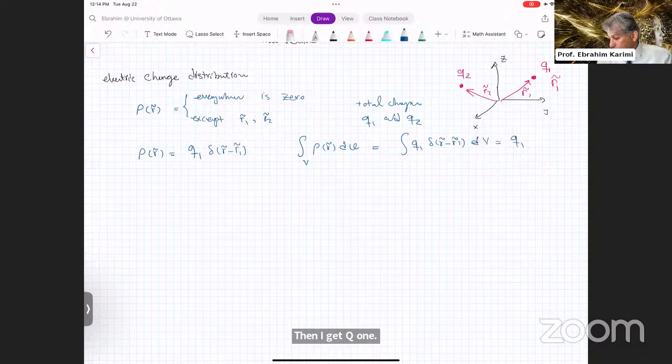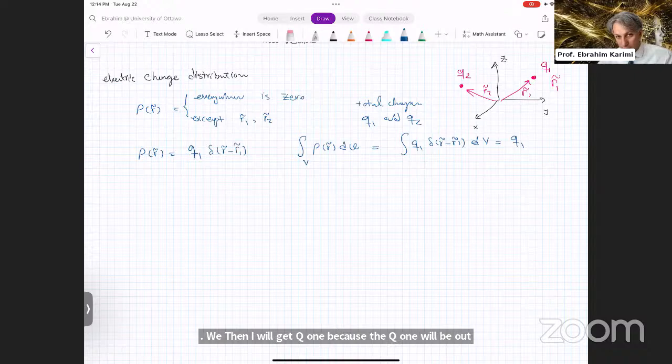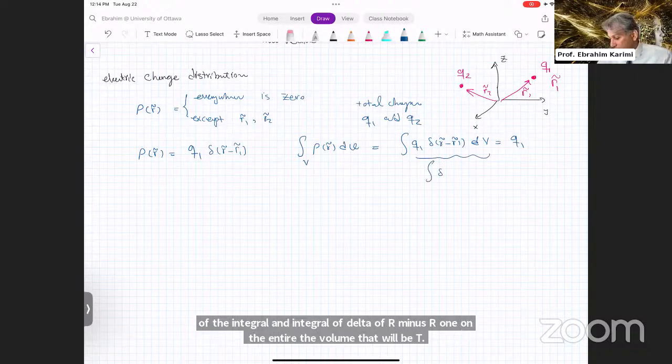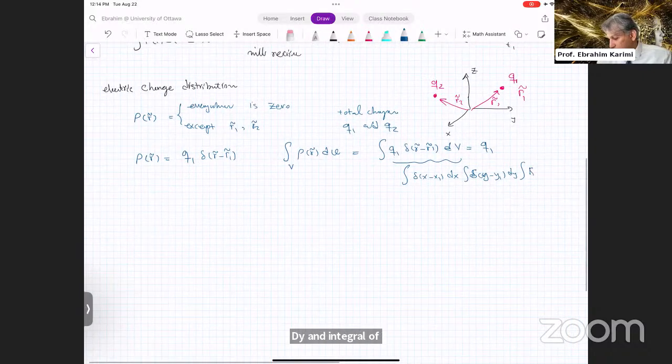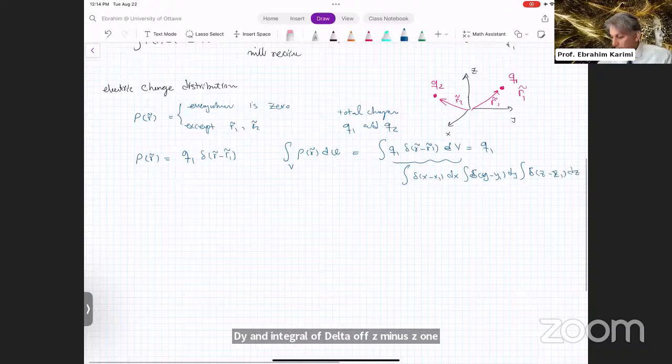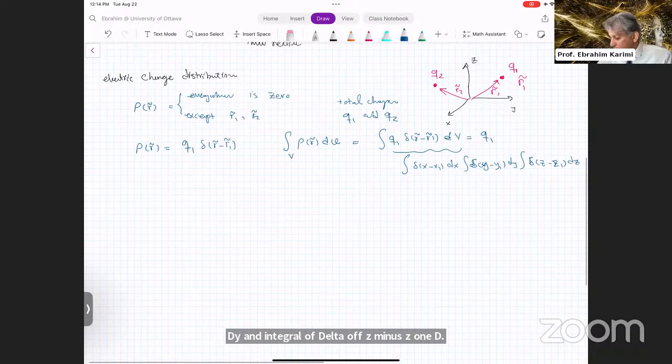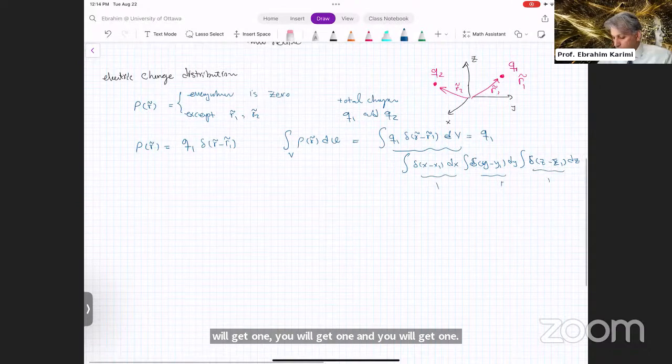Then I will get Q1, because Q1 will be out of the integral, and the integral of delta of R minus R1 over the entire volume will be 3 integrals of delta functions: the integral of delta of x minus x1 dx, the integral of delta of y minus y1 dy, and the integral of delta of z minus z1 dz. When you do the integral of all of them, you will get 1, you will get 1, and you will get 1, and finally you will get the total charge.